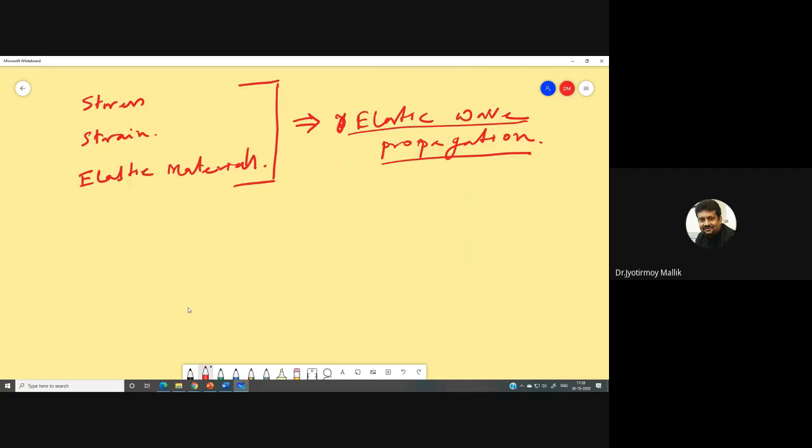So what we have already done is to have some pretext or preamble around stress, strain, and elastic material. And then that will lead us to some basics of wave propagation.